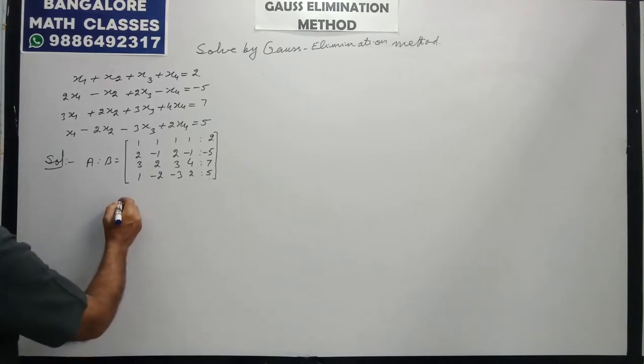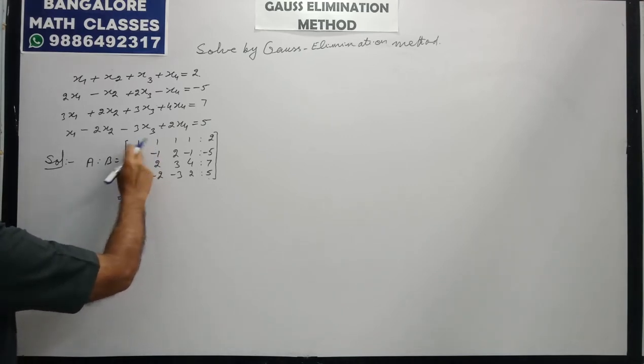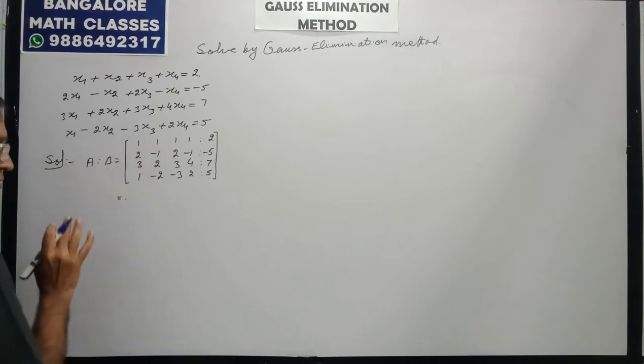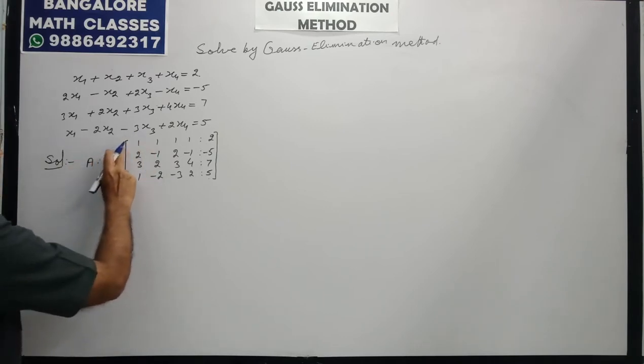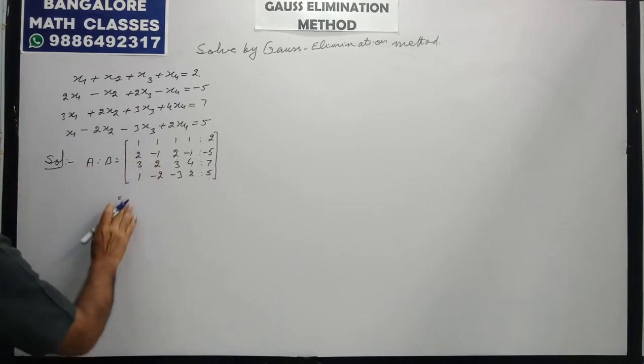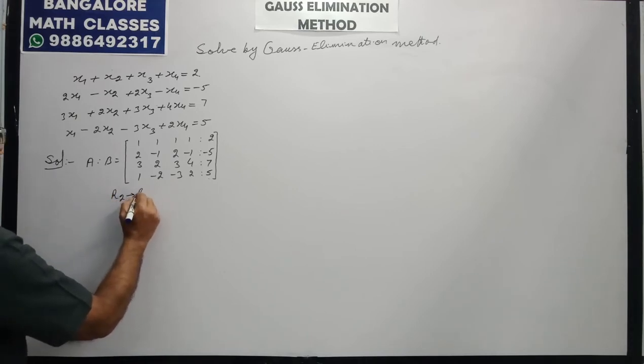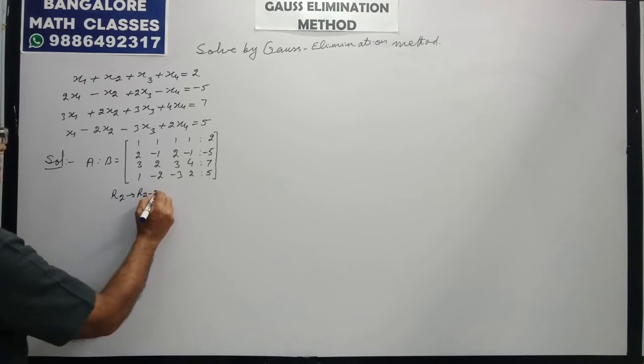Now our aim is to get all zeros below the leading entry, and the leading entry is 1, it is already 1. The leading entry of the matrix is 1. Now we want 0, 0, 0 below it. That is how we can do R2 to R2 minus double of R1.